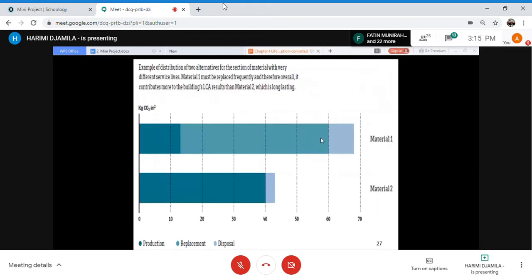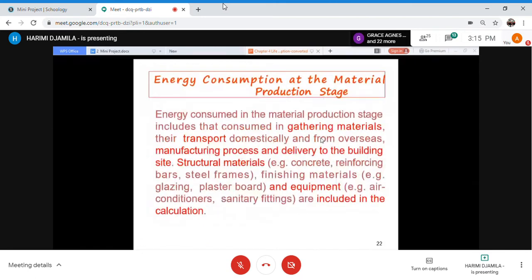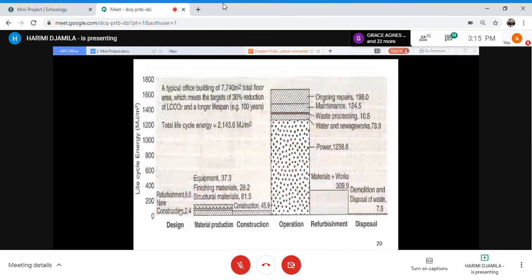Okay, so again, we return to our life cycle energy stages. At the design stage, material production stage, construction stage, operational stage, refurbishment stage.